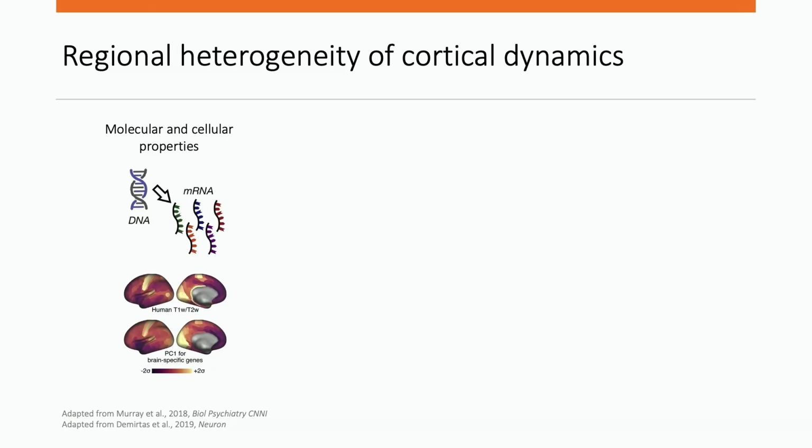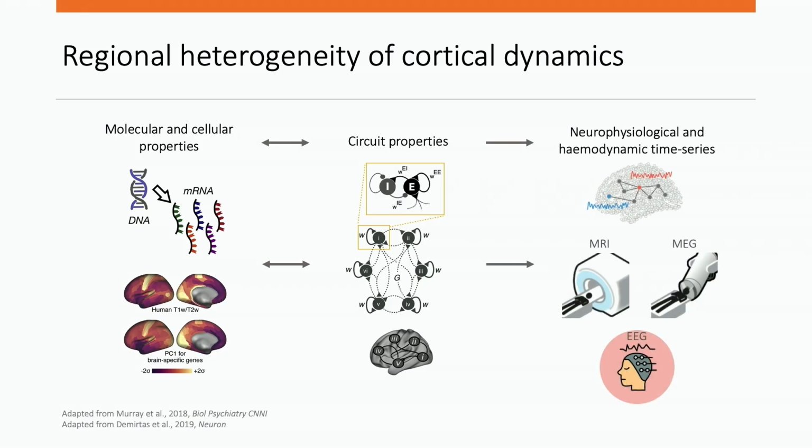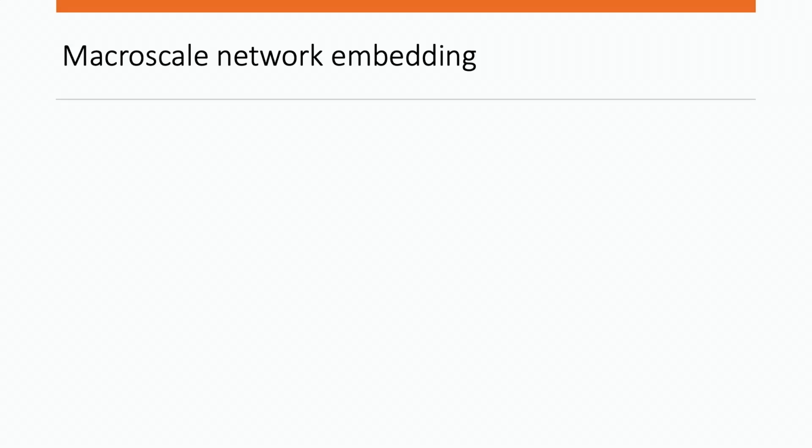We have molecular and cellular properties, and those properties shape the circuit properties. So we're gradually abstracting away. And finally, and inevitably, they will shape the recordings that we get from brain activity, regardless of what modality that is, but perhaps in ways that are not identical to each other according to modality. But we also know that those local properties do not live in isolation.